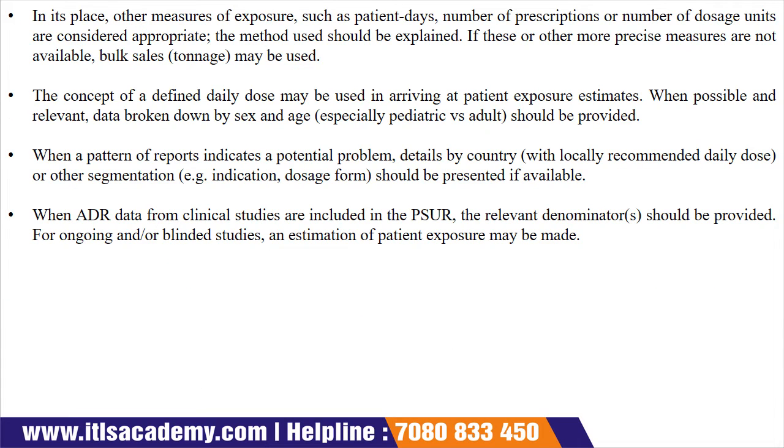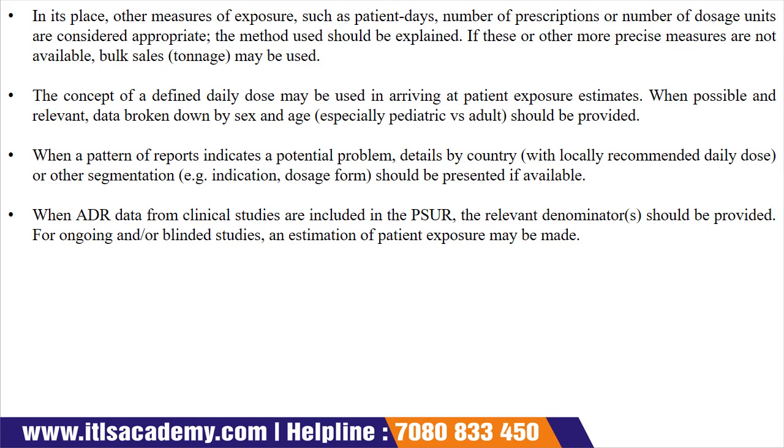Then after that, other measures of exposure such as patient days, number of prescriptions or number of dosage units are considered appropriate. The method used should be explained, and if these or other precise measures are not available, then bulk sales may be used.